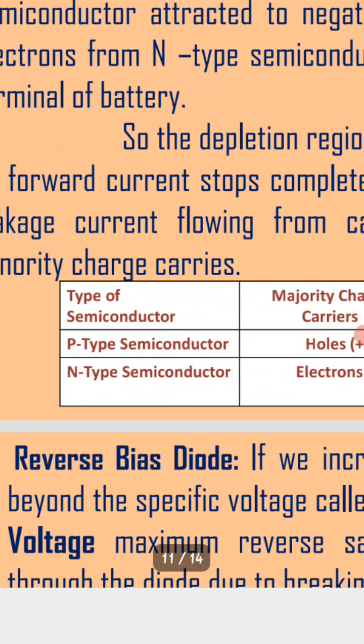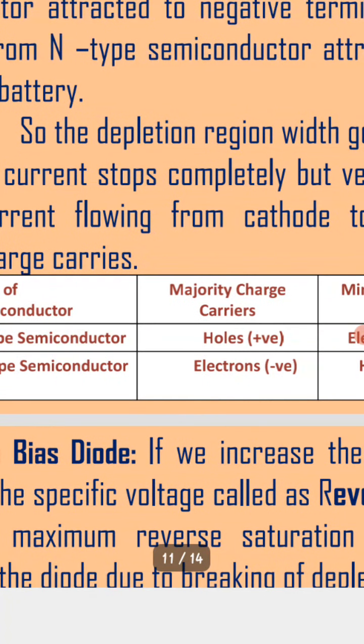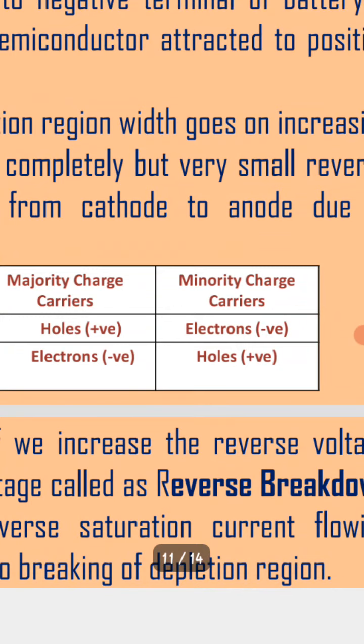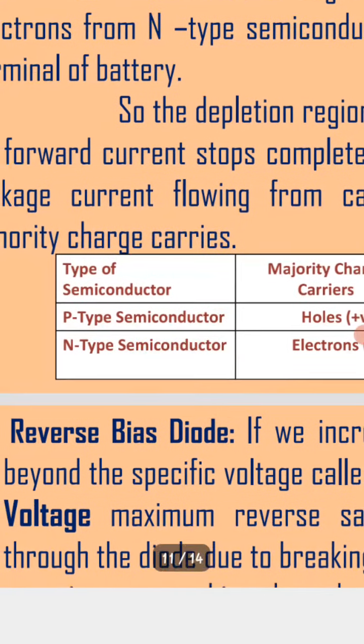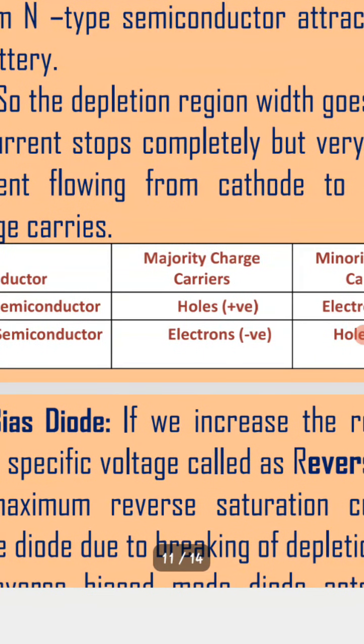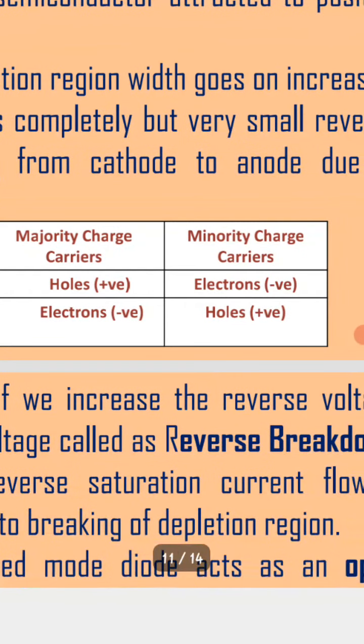When we have a p-type semiconductor, holes are the majority charge carriers and electrons are the minority charge carriers. When you consider the n-type semiconductor, electrons are the majority charge carriers and holes are the minority charge carriers.